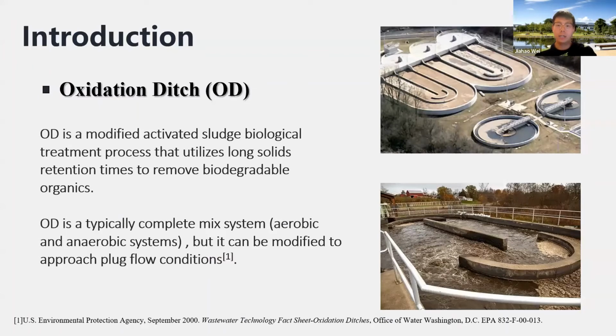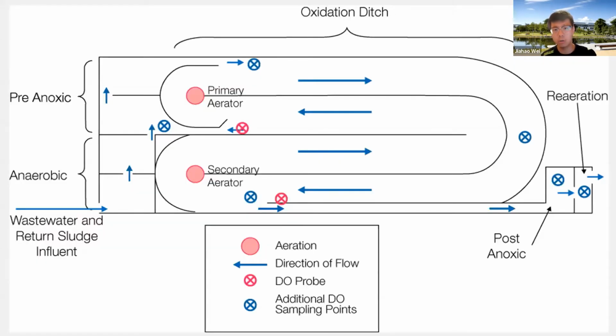This study is concerned with the optimization of an oxidation ditch. An oxidation ditch is one of the most common reactors in the wastewater treatment industry, consisting of large, round, or oval ditches used for the aerobic and anaerobic treatment of wastewater. This figure shows the structure of the oxidation ditch from the top view and the flow direction.